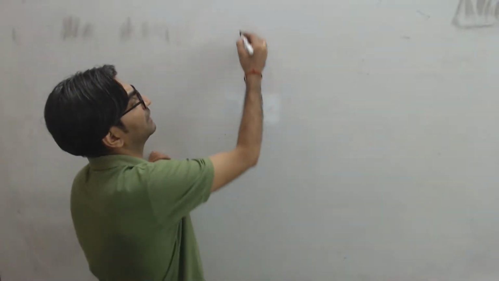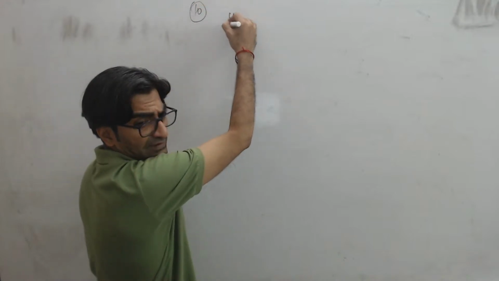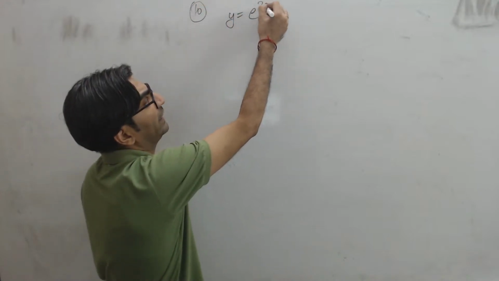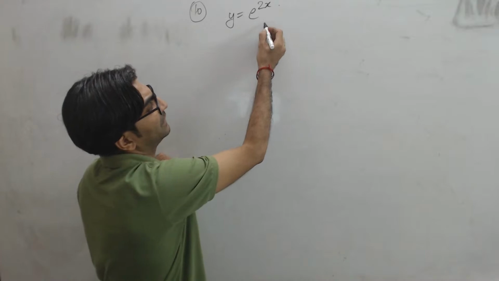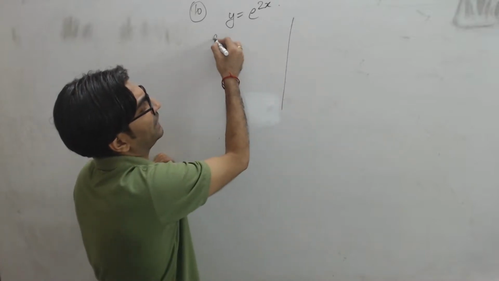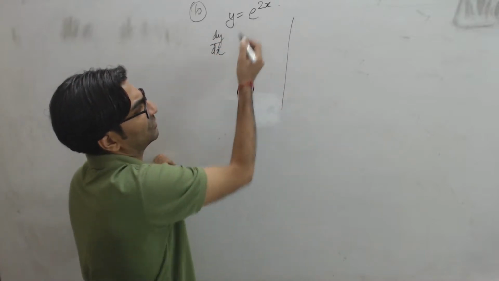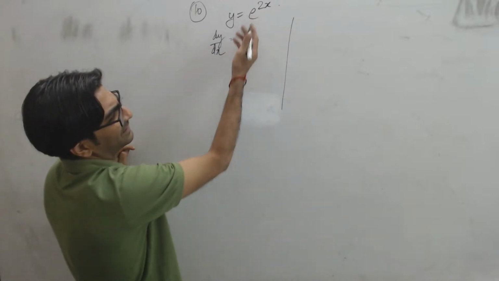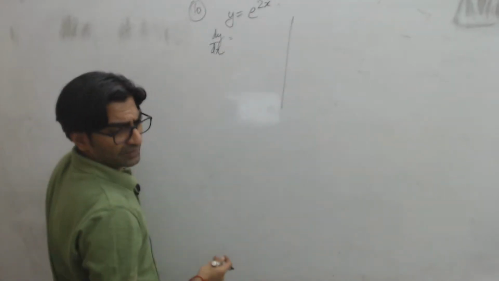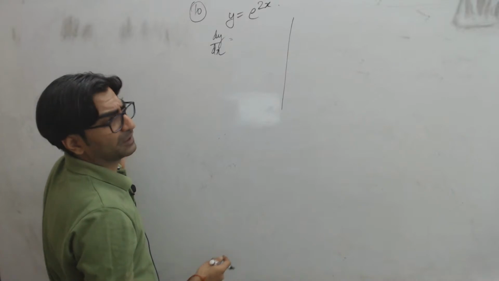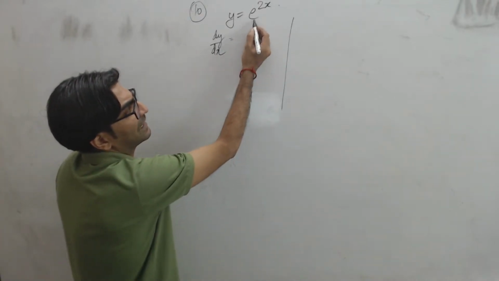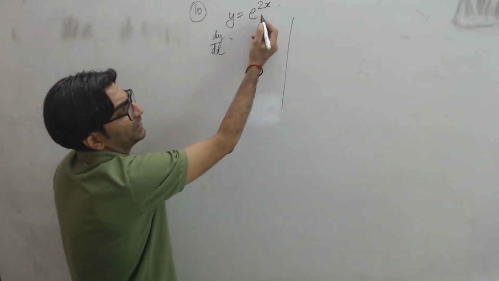Right, let's discuss this. Question number 10 says y is equal to e to the power 2x. So the first thing is that to calculate dy by dx, I'm going to use the same expression. So I'll say dy by dx, let's just differentiate. When you have an exponent in the base e, then the differential is directly differentiate the numerator.